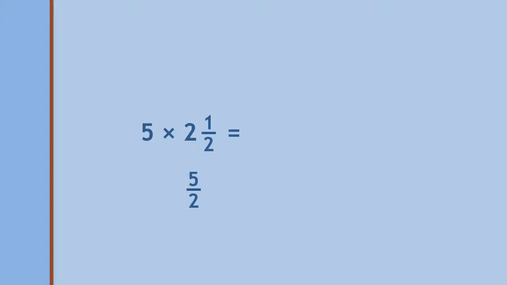So now we can simply bring that whole number of 5 down, put it over a 1, and multiply straight across. So 5 times 5 would give us 25. 1 times 2 would give us 2. Then we are going to turn the improper fraction into a mixed number. 2 goes into 25 12 times, and that gives us 24.